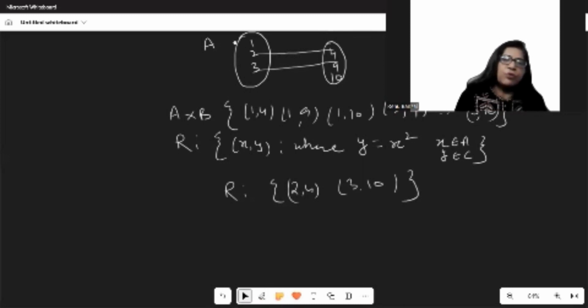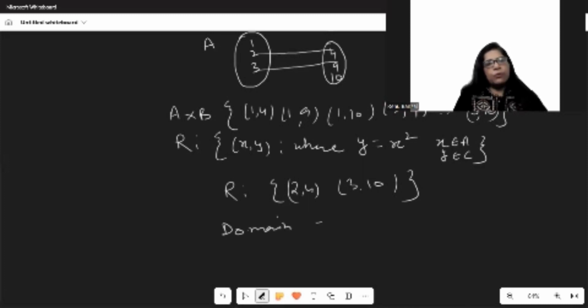In this, if we want to write the domain, what was domain? Domain was the set of all first elements of the ordered pairs in the relation. So that is 2 and 3. And what is range?